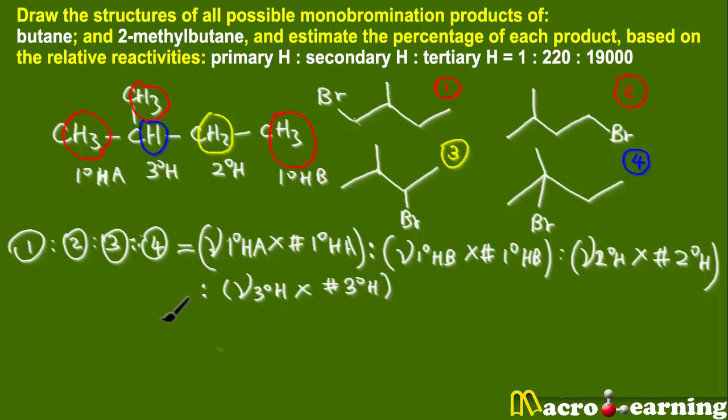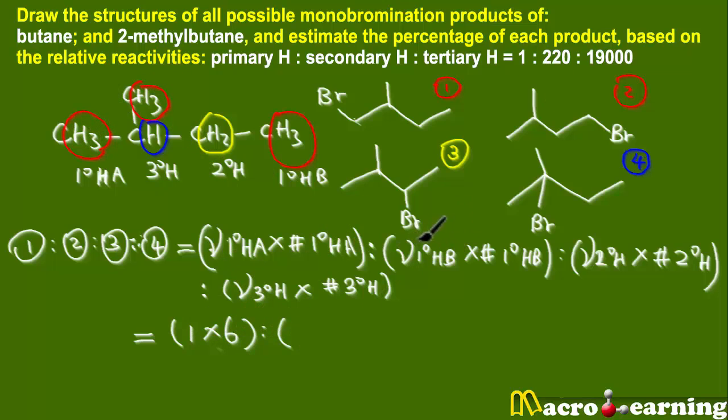Okay, so let's put in the numbers now. So the first part will be, what is the relative reactivity for these hydrogens? It's 1 times the number of these hydrogens. It's 3 plus 3 being 6, right?